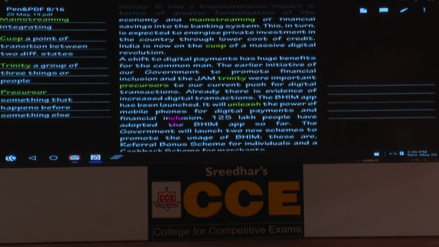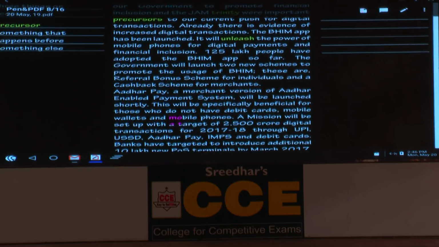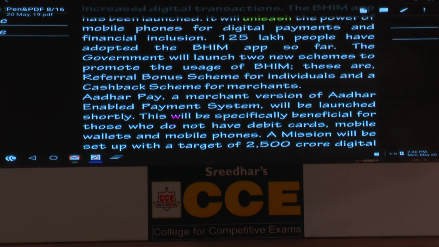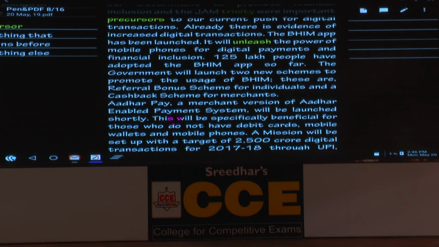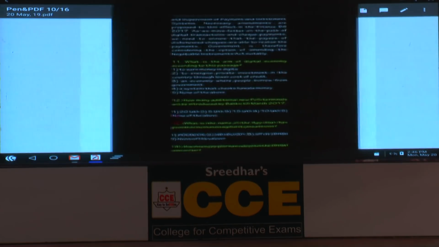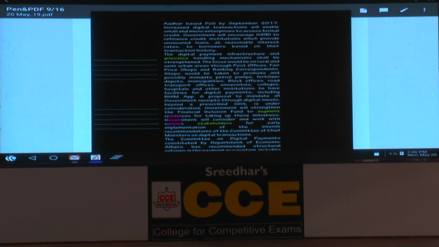Now, what is the meaning of the word unleash? Unleash means release. Please write the meaning. Release the potential. Unleash the power. Means what? Release the power. Release the potential. Grievance means what? Problem, right? And augment. Augmentation means what? Increase. Please write.